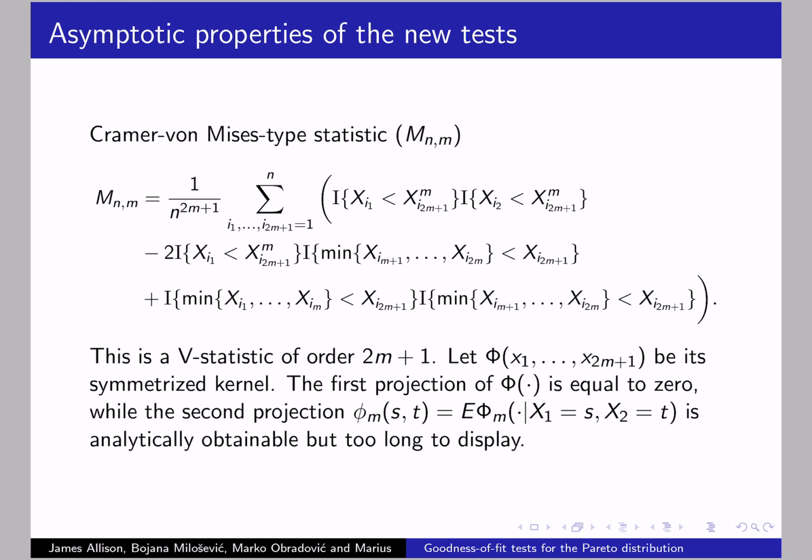Now let phi(x1 up until x2m+1) be its symmetrized kernel. The first projection of phi is equal to 0, while the second projection, little phi_m^(2), is analytically obtainable but too long to display. A complete expression can be found in the paper under discussion here.